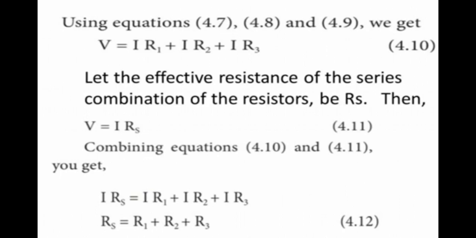That is equation 4.11. Combining equations 4.10 and 4.11, we get I Rs is equal to I R1 plus I R2 plus I R3. So Rs is equal to R1 plus R2 plus R3. That is equation number 4.12.